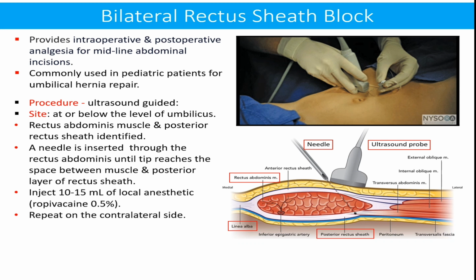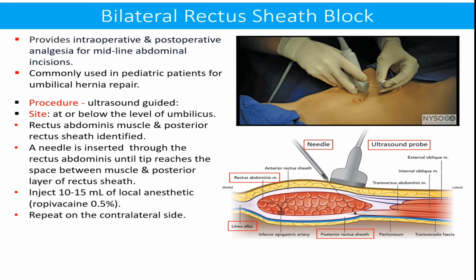First, the rectus abdominis muscle and posterior rectus sheath are identified. Then a needle is inserted through the rectus abdominis until the tip reaches the space between the muscle and the posterior layer of the rectus sheath.